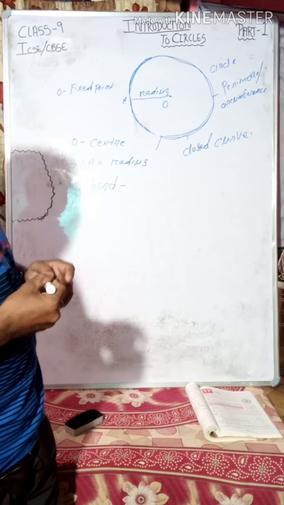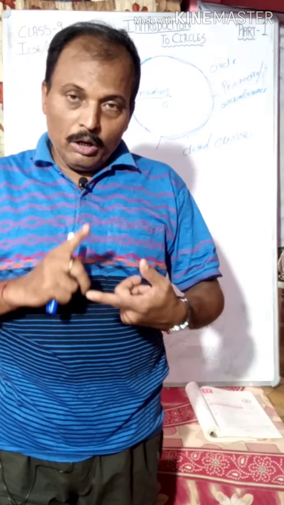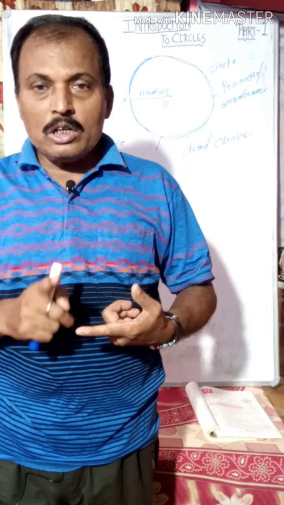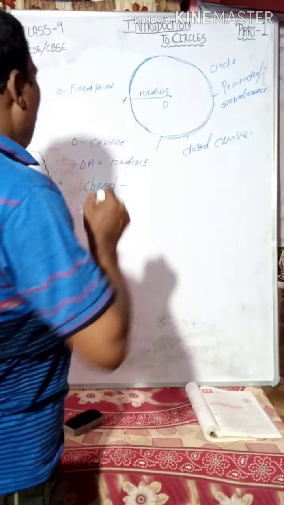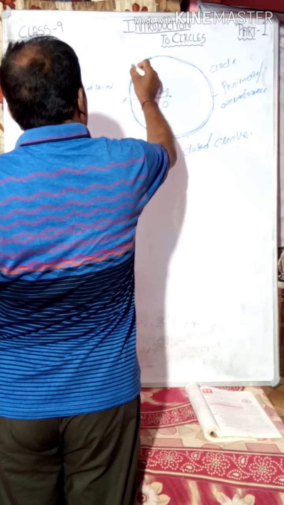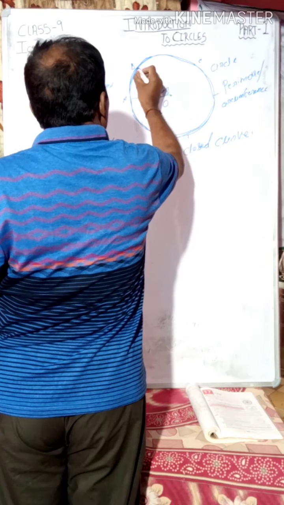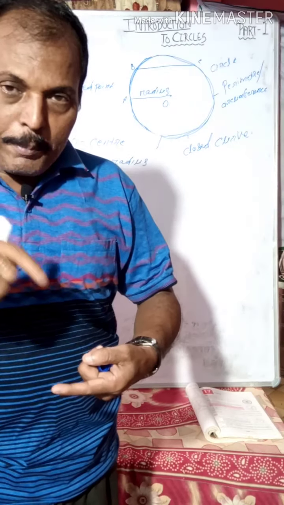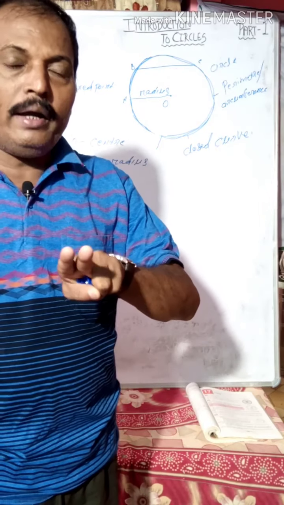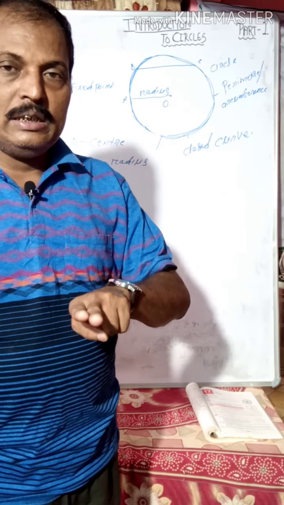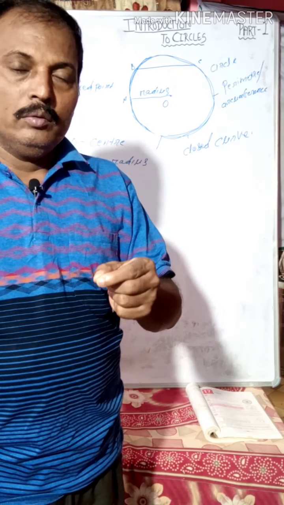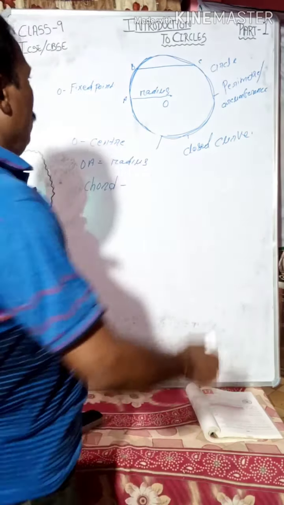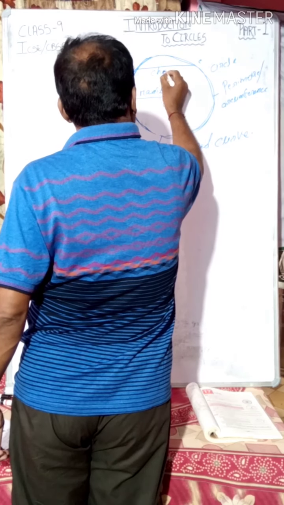Now chord. What is a chord? The line segment joining any two points on the circumference is called a chord. Now here is a point B, here is a point C, we join B to C. So B is a point on the circumference, C is a point on the circumference, and at least two points on the circumference joined together make a line segment which is called a chord.